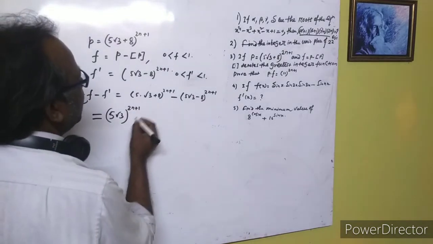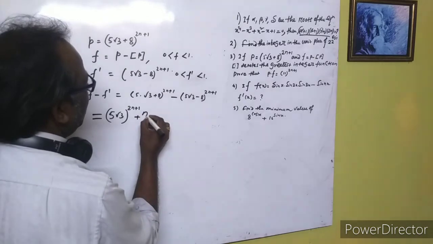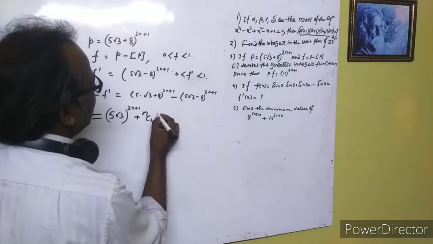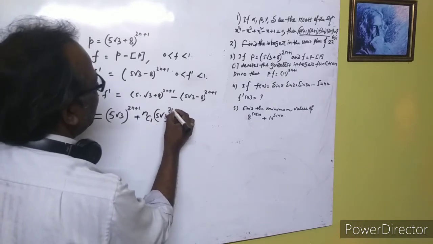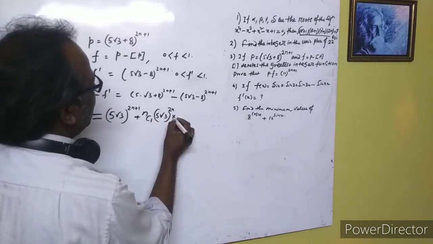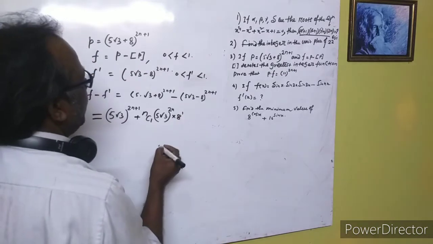nC0 and 8 to the power 0. Then we get here nC1 (5√3) to the power 2n into 8 to the power 1.